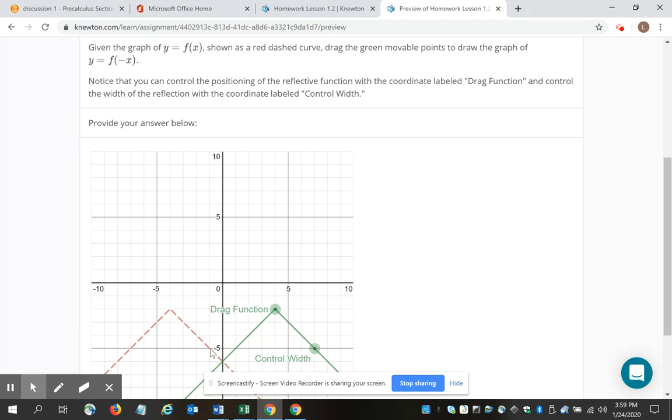We were at -1, -5, so let's see. We want to be at -1, +5.